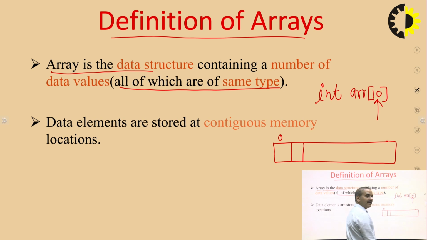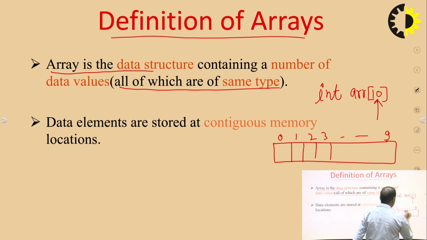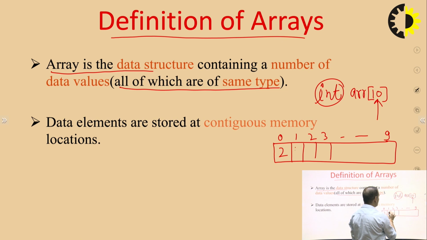This is the default index of the array, 0, 1, 2, 3 up to 9, and these total 10 positions, 0 to 9, store integer type values. Integer type means like 2, 4, 6, 7. There is no decimal value in the integer type array. We only store integer values.